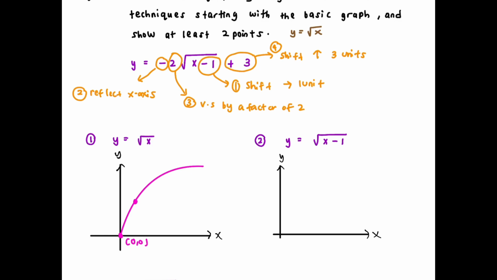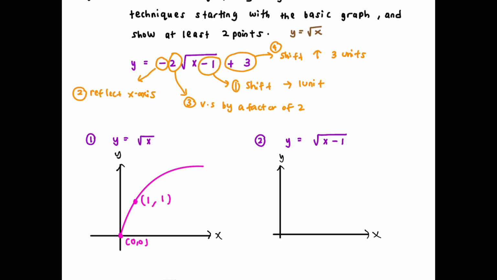And another one here. When your x is 1, what is your y? Square root of 1 is also 1. You can also choose, let's say, when your x is 4, square root of 4 is 2. Other points that you can choose are 4, 2; 9, 3; 16, 4. But the easiest ones are these 2 points. Okay, then show all the movement of these 2 points for each step.